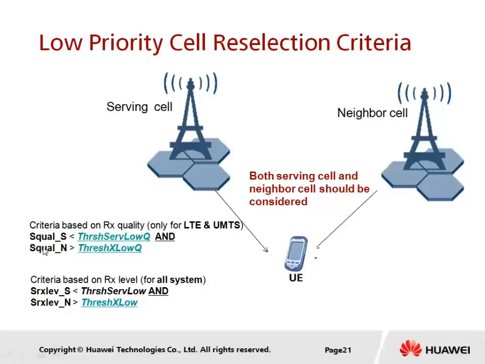At the same time, the RSRQ measured for the neighbor minus the minimum requirement is better than another threshold. Then the user will reselect to a low priority neighbor cell. It's the same if we use RSRP, where the serving RSRP minus the minimum requirement is lower than a threshold, and at the same time the measured RSRP of the candidate cell is better than a threshold.